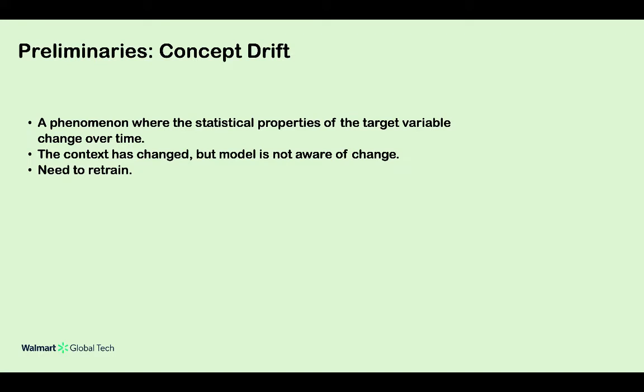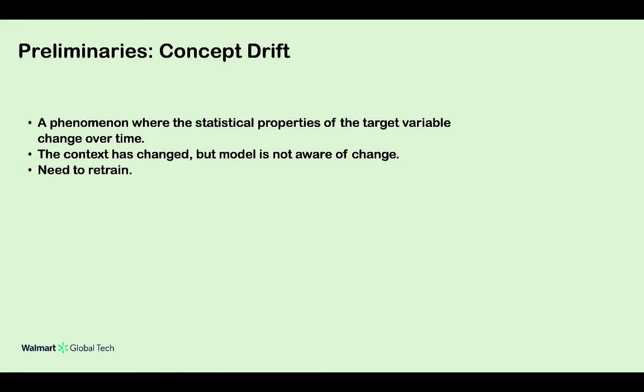So far, we have discussed sparsity and missingness. Now, let us discuss another important concept required for this work, and it is concept drift. So, what is concept drift? Concept drift is a phenomenon where the statistical properties of the target variable change over time.